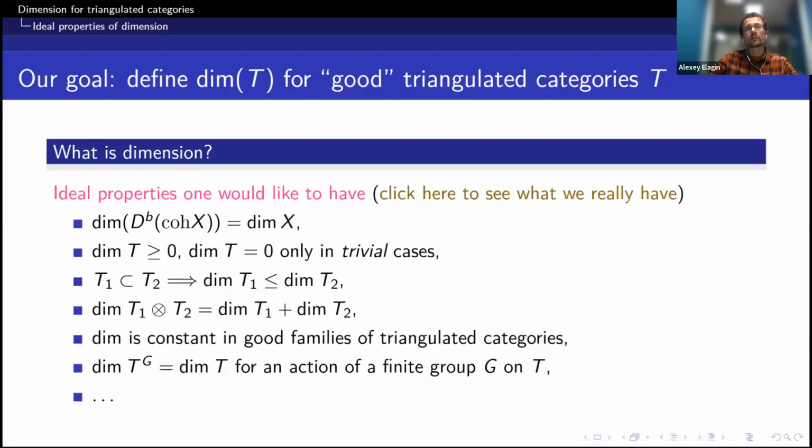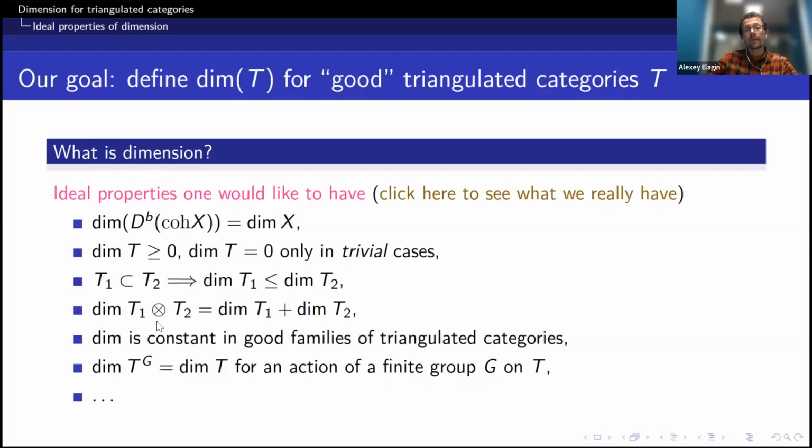We would like dimension to be monotonous, so a smaller object has smaller dimension. We would like dimension to be additive under tensor products. It corresponds to the fact that for varieties, when we take the direct product, the dimensions are summed up. And taking the direct product of varieties corresponds to taking the tensor product of triangulated categories.